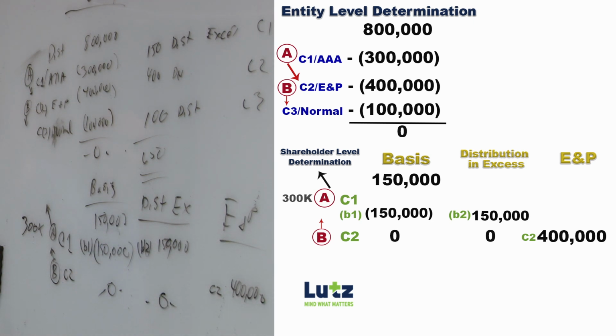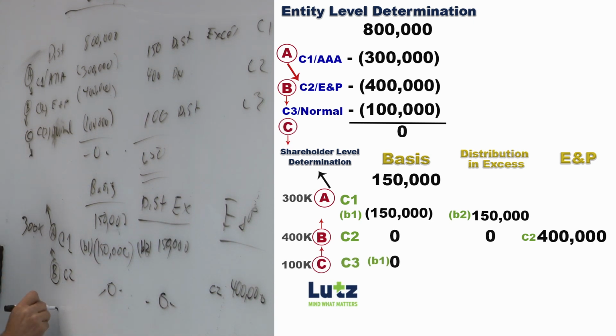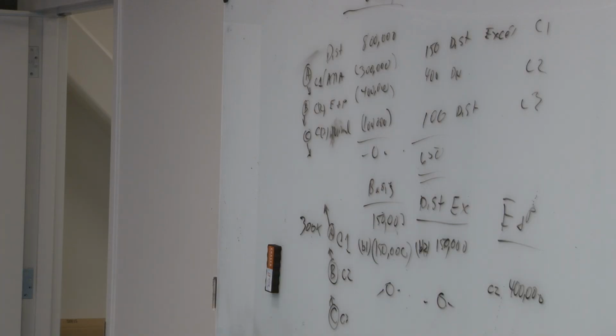So now I have my C1 accounted for, which was 300. I have my C2 accounted for, which is 400, which is dividend. And now I got to do C3. And C3, Tatum says what? Refer back to B, my normal distribution rules. So do I have any basis left, Tatum?